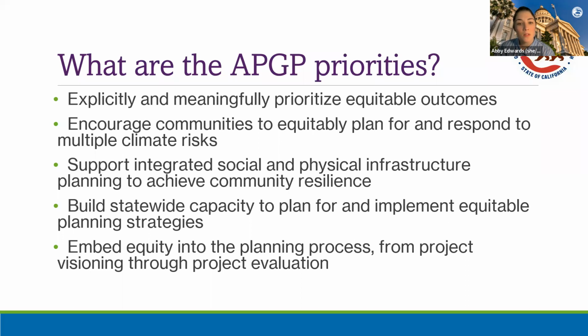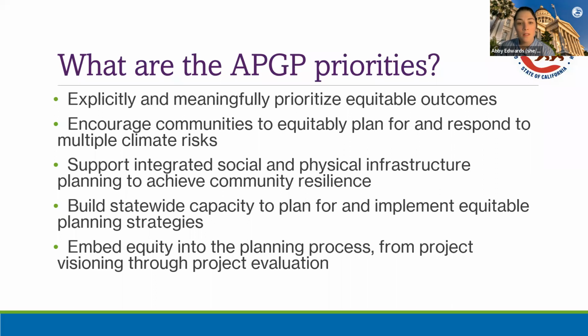The second is to encourage communities to equitably plan for and respond to multiple climate risks. That's by centering the needs of vulnerable communities and supporting an all-risk approach to adaptation planning. And these grants really encourage communities to conduct integrated planning activities.